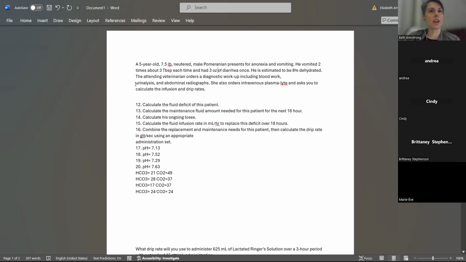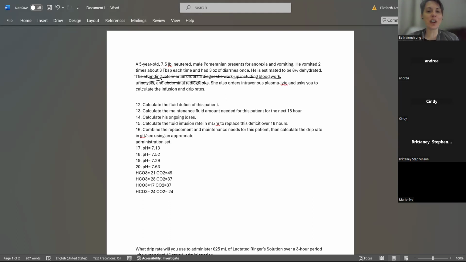So here's where we need to identify what's the important information in here. The attending veterinarian orders diagnostic workup, blood work, urinalysis, abdominal radiographs, that whole entire sentence we don't need. That's not the purpose of this problem. It's good to know because we're going to follow up with that later.